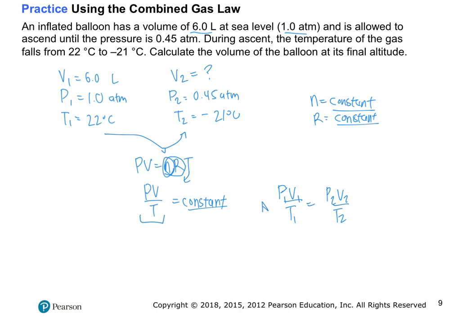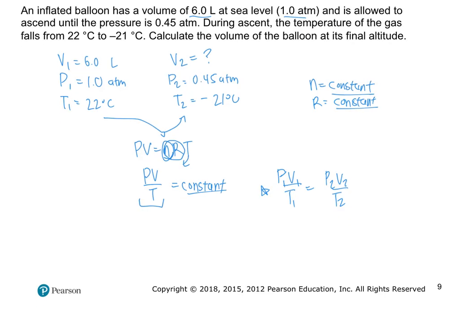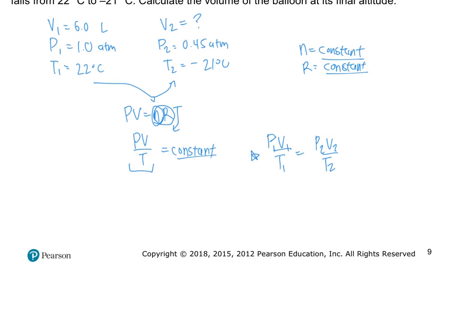If we use this equation here, we're going to solve for V2. So we're going to put our initial pressure of 1 atmosphere, our initial volume of 6 liters, and our initial temperature, we need to add 273. So we'll get 295 Kelvin. And I'm going to also add 273 to negative 21 degrees Celsius.